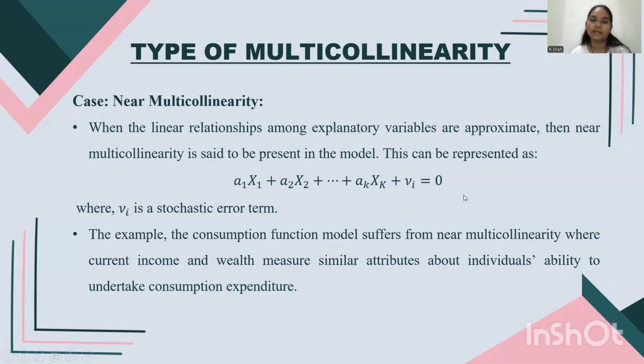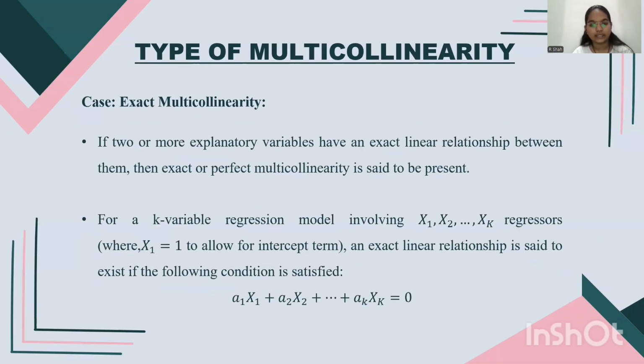Now you can compare these types of multicollinearity. In exact multicollinearity, there is no new term or any error term. You can say that there is no scope for any error. The variables are perfectly correlated to each other; there is an exact relationship between two independent variables.